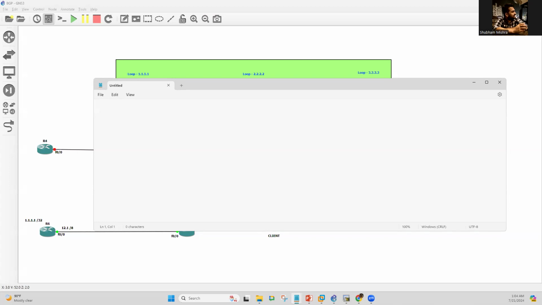First of all, both routers establish a TCP connection. How? By the help of the three-way handshake. Yes or no?